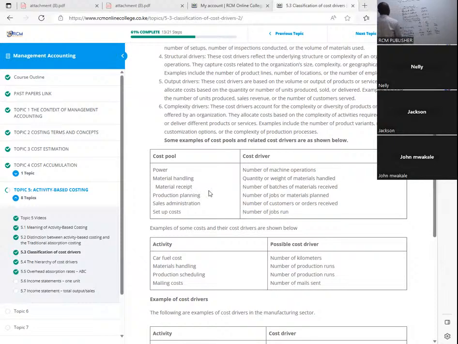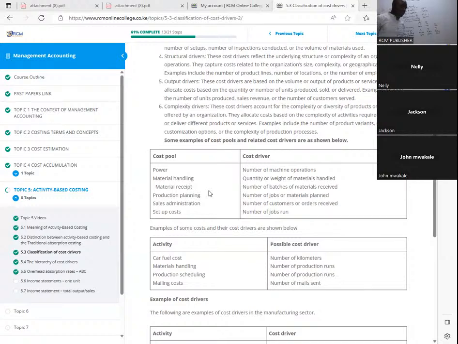So I now come to department A, B, C, and I start with this part. Ask myself, how will I share the rent and rates? Which one will be the best cost driver for allocating rent and rates?